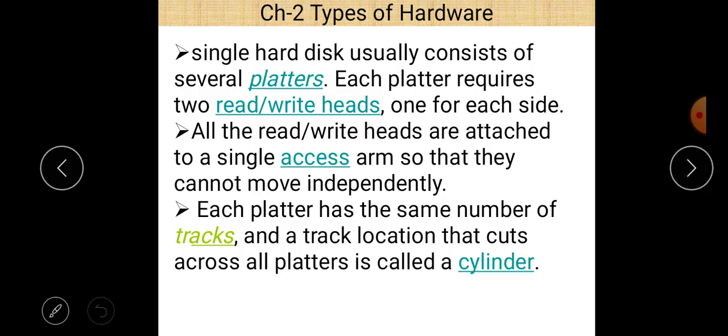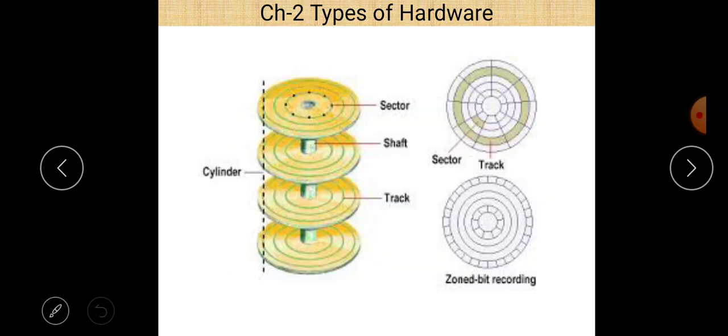One read write head is there and one read write head is there, meaning for both the surfaces. And there is no read write head on the top of the disk and at the bottom of the disk, so we are not able to read or write data on the top and bottom of the disk.